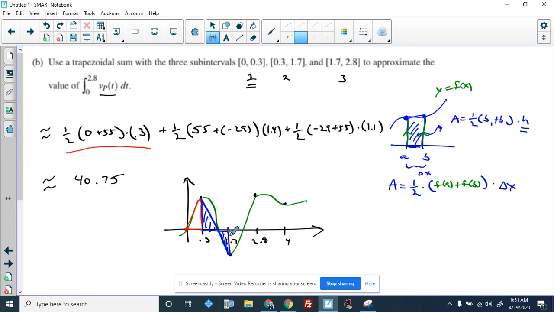From here to here, it's really down until you hit the curve, up until you hit the curve. Connect those functional values, and you get that bow tie looking thing. That's what you're doing. And they wanted it from 0 to 2.8, not 4, so I don't include that. That's what it would look like.